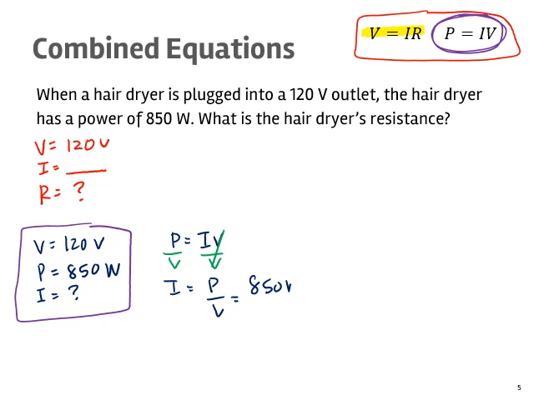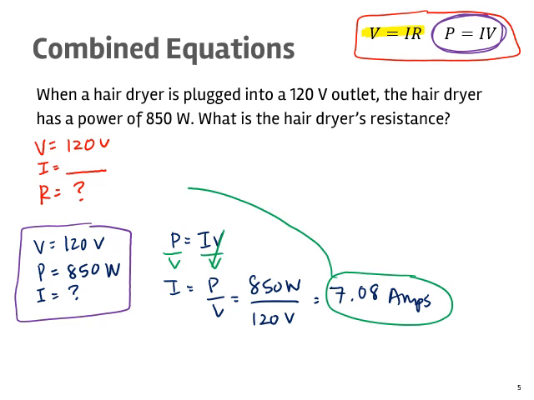That's 850 watts divided by 120 volts. That is going to give us a value of 7.08. Our unit for current is amps, or capital A. Now we can take this number and plug it back up into here for the I value, our amp value. So 7.08 amps.